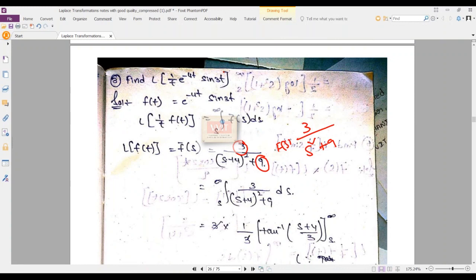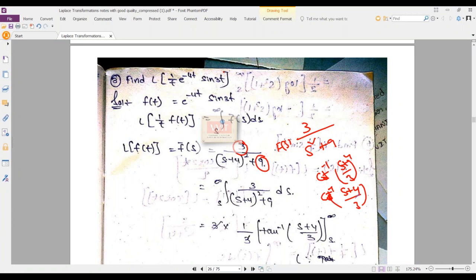I may have pi by 2 minus tan inverse, or simply cot inverse s by 3. Later minus 4, so plus 4 will be there: cot inverse of s plus 4 by 3. It would be the answer.